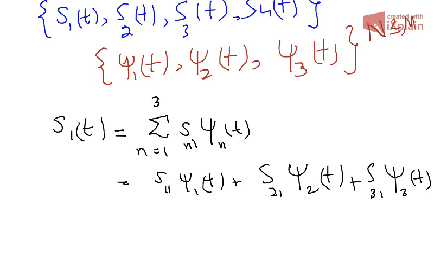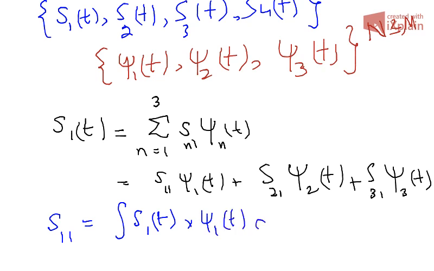S11 is the image of the signal S1 of t over psi 1, right? You just try to find that image. And how would you find it? You can find S11 as the integral of S1 of t psi 1 of t dt, right?